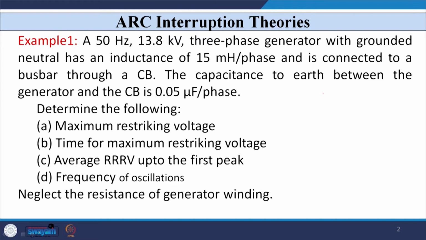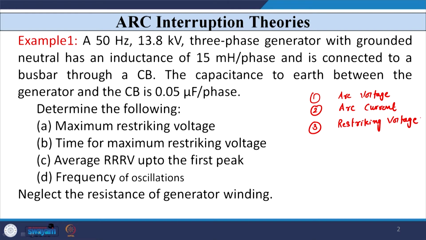We started with the arc voltage, then the arc current, then the restriking voltage. This term is very important. The restriking voltage comes after the separation of the contact of circuit breaker and before the extinction of arc.